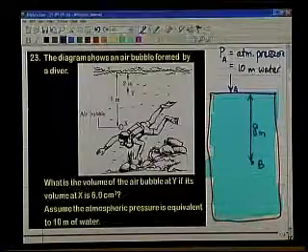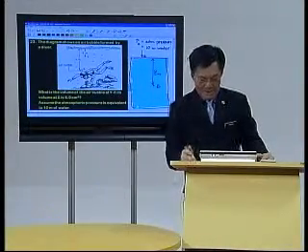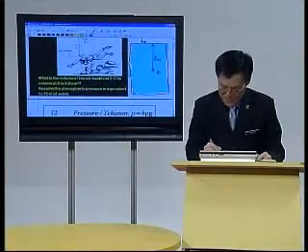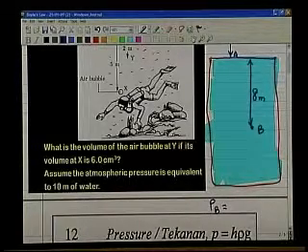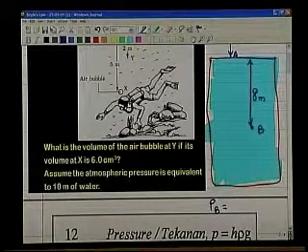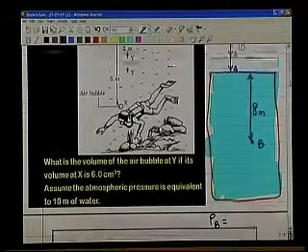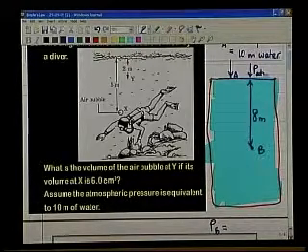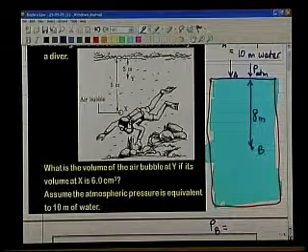So now my question is this. What is the value of the pressure at B? I'll just write it here. Now, in terms of the units of meters of water, the pressure at B is equal to the atmospheric pressure plus the pressure due to the column of water.